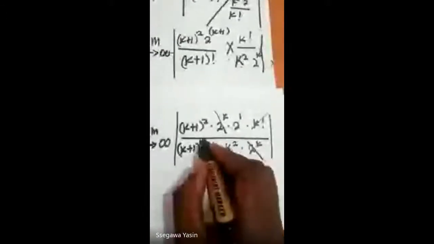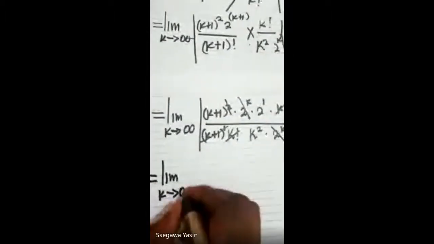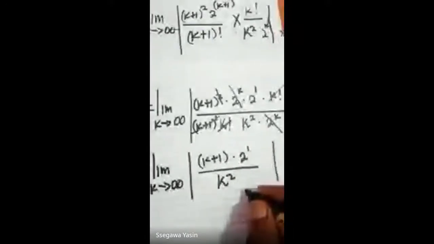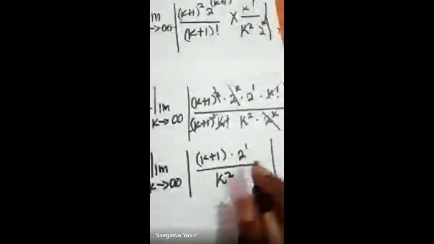So what am I remaining with? I have the limit as k goes to infinity of k plus 1, then this one here remains times 2 power 1. Other things are covered. Then I have k squared here. I think that is the thing I'm remaining with.